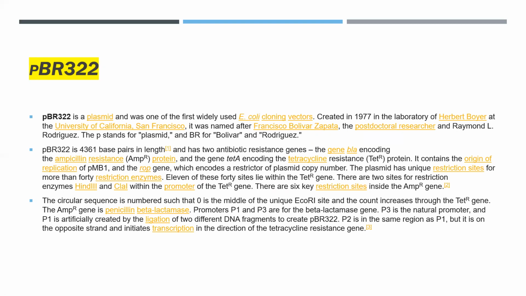It was named after Francisco Bolivar Zapata, the postdoctoral researcher, and Raymond L. Rodriguez. The p stands for plasmid, B for Bolivar, and R for Rodriguez. These are scientist names.